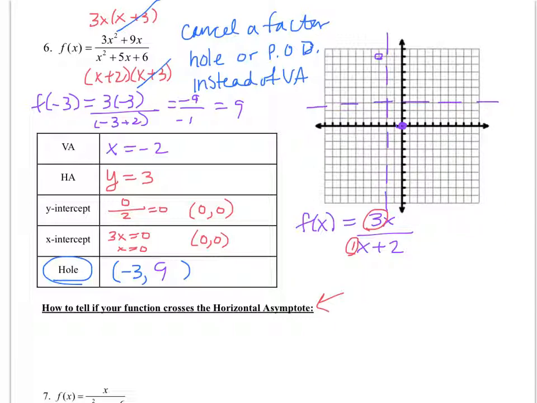So this gives us enough that we can use that idea of the magnetic graph and just sketch in our curve using our asymptotes as a guide. If you wanted to pick additional x values around your vertical asymptote to make your branches even more accurate, you are welcome to do so, but you do not have to.